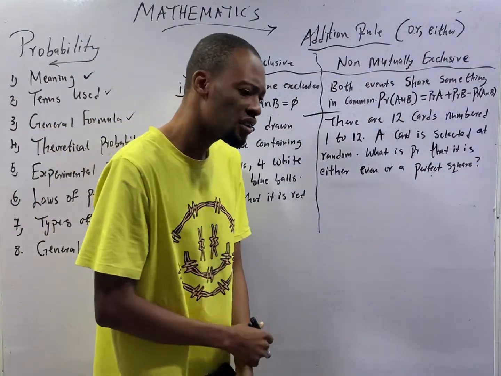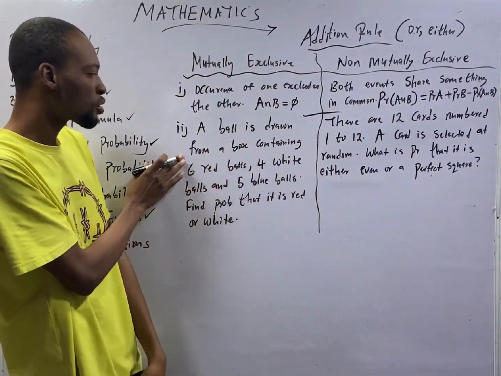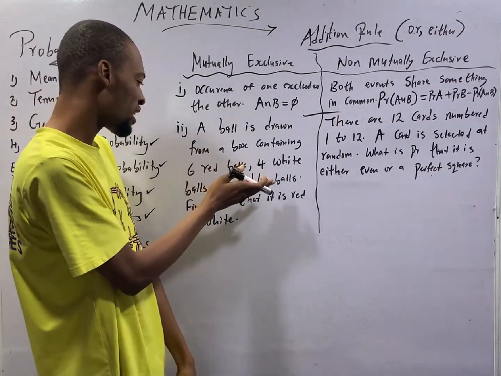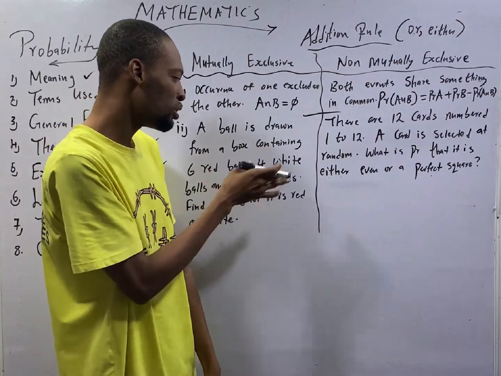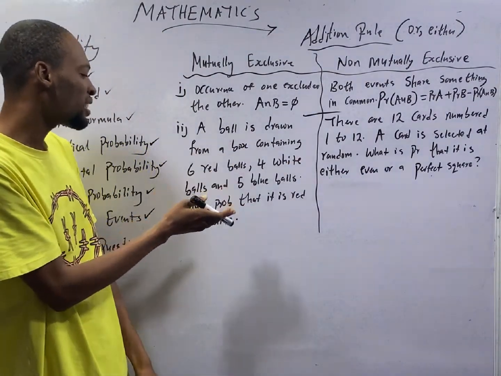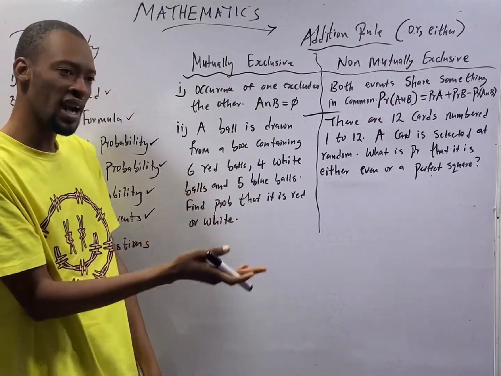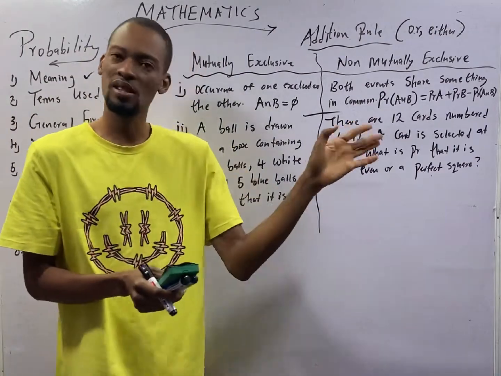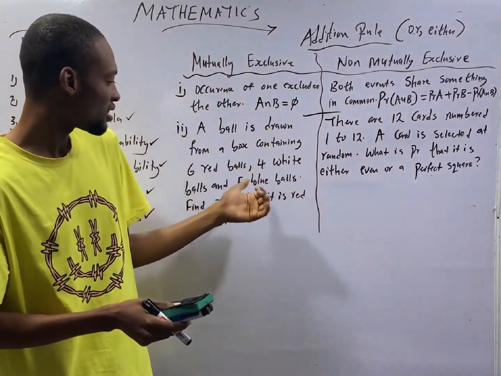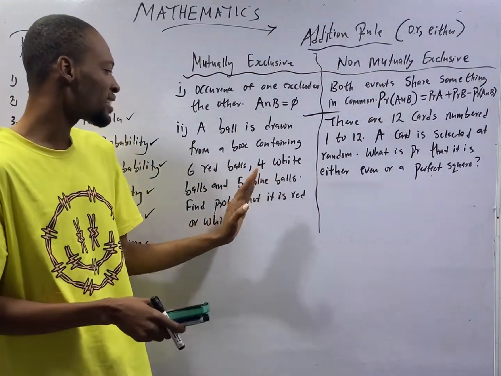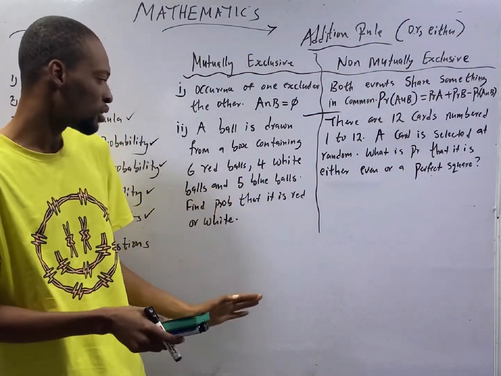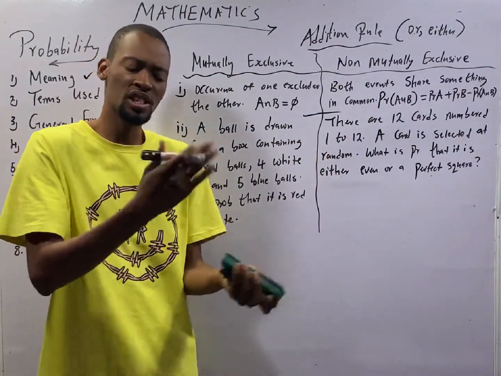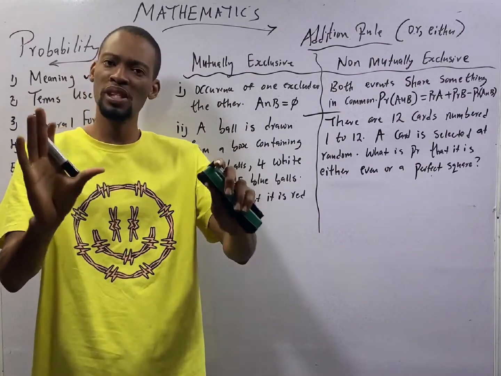For example, if a ball is drawn from a box containing 6 red balls, 4 white balls, and 5 blue balls, find the probability that it is red or white. In this set, if it is red, then it excludes white and blue. If it is white, it excludes red and blue. Meaning, once you get one answer or you are focusing on one, the others do not join. There is no intersection.